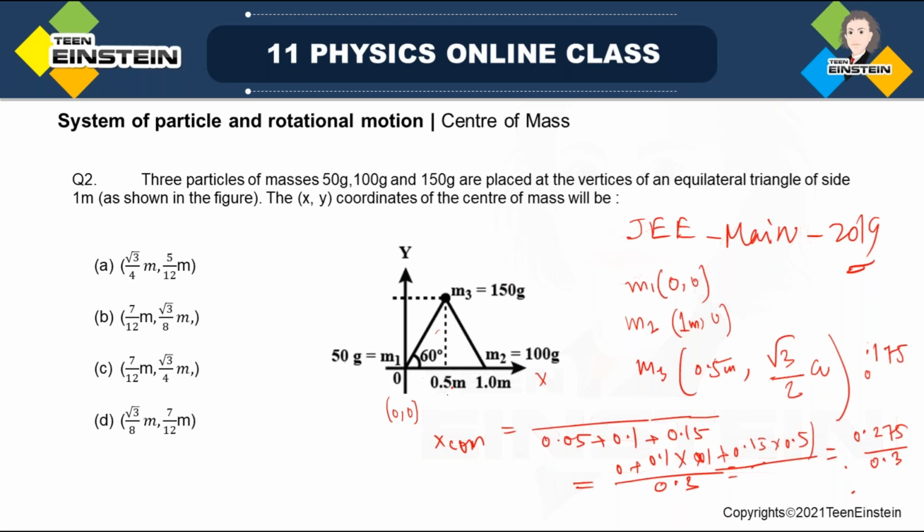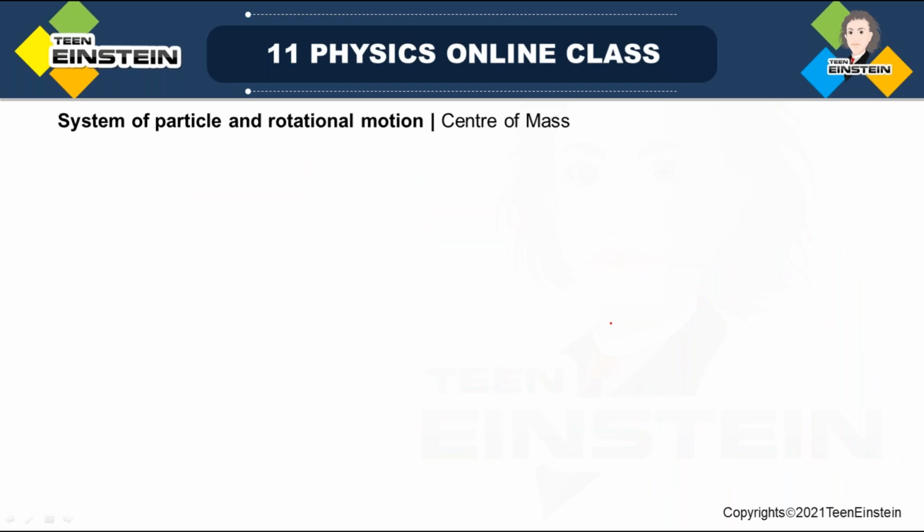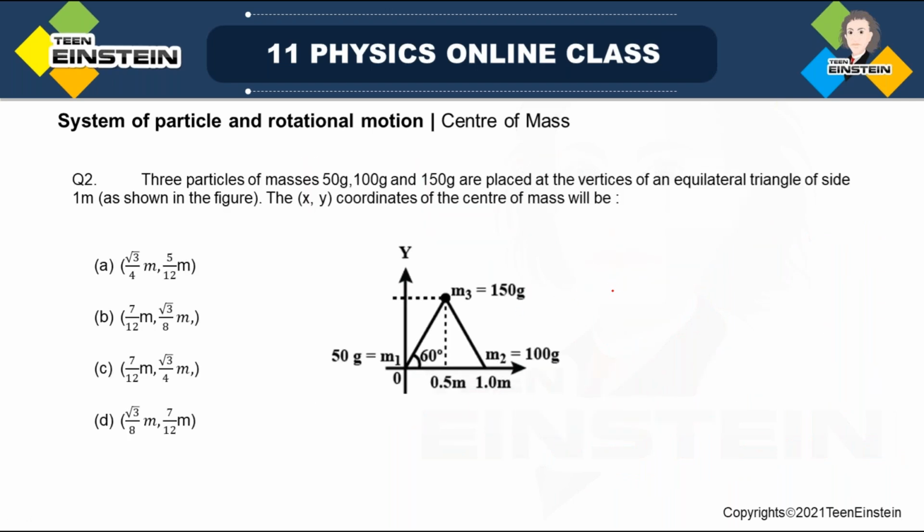0.15, okay, fine. This is 0.5, the x coordinate. Okay, just let me clean these things. I think I have messed it up. So the first one is 50.